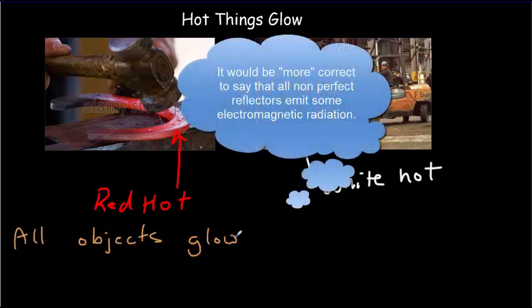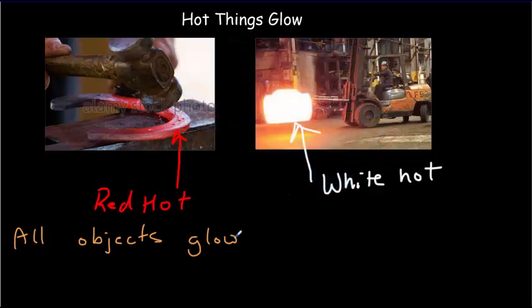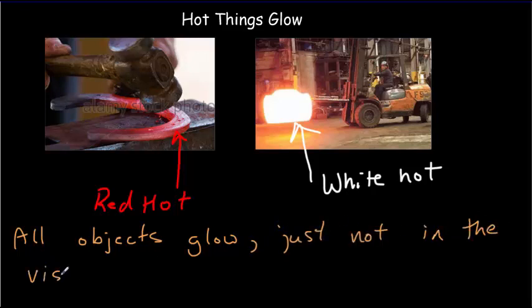They all transfer heat via radiation. But usually you can't see that glow because the radiation's not in the visible spectrum. It'll be at a longer wavelength out of the visible spectrum, so we don't see the glow. So all objects glow, just not in the visible spectrum.